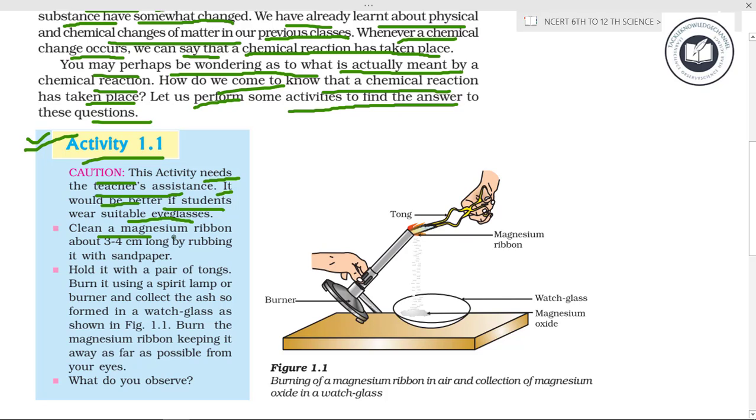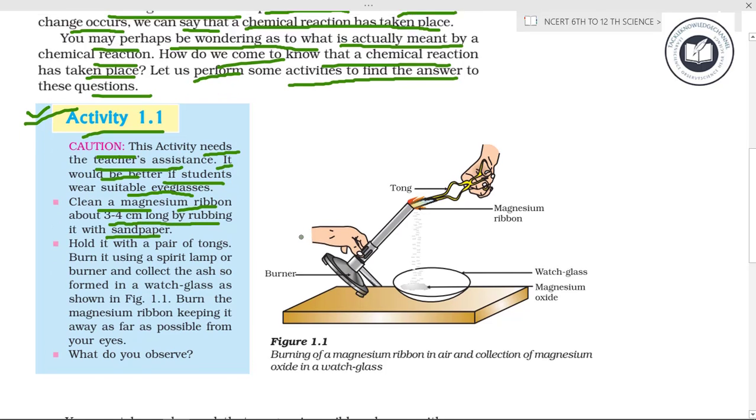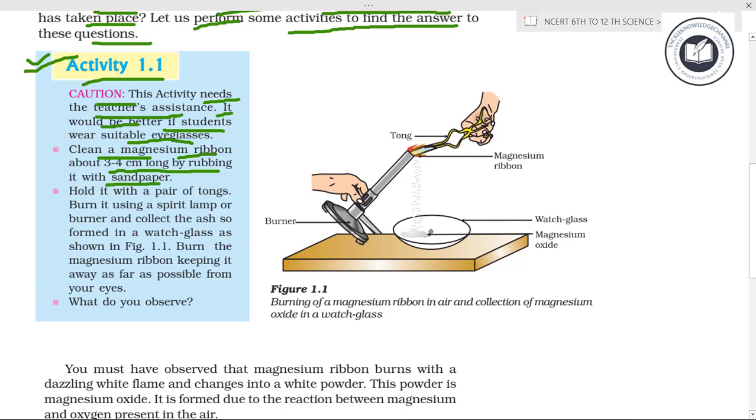Clean a magnesium ribbon about 3 to 4 centimeters long by rubbing it with sandpaper. Hold it with a pair of tongs.